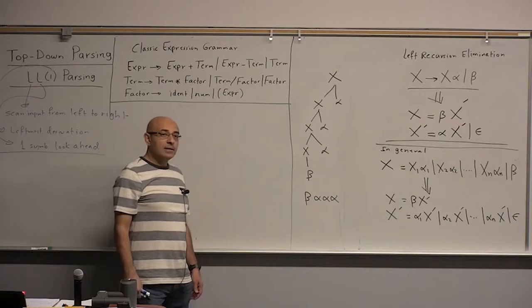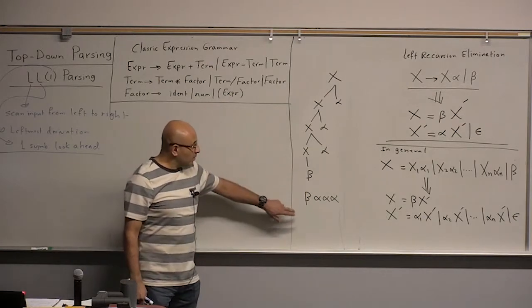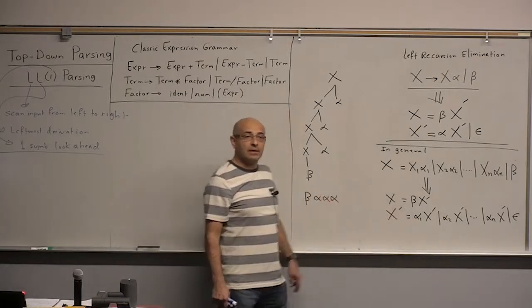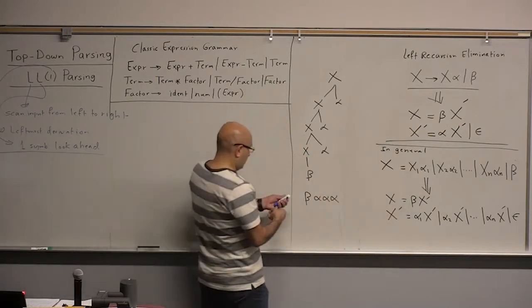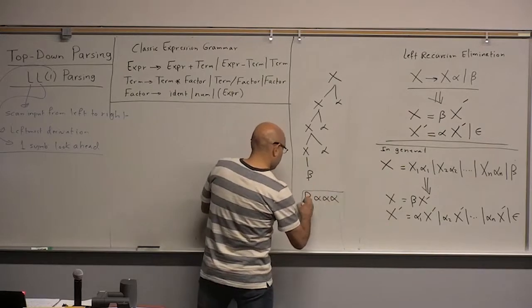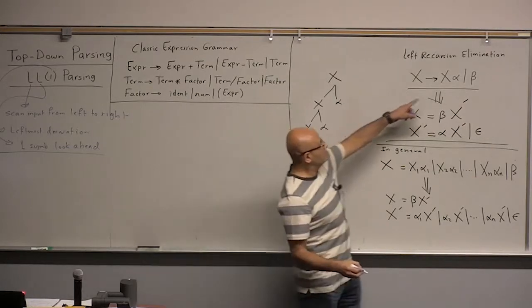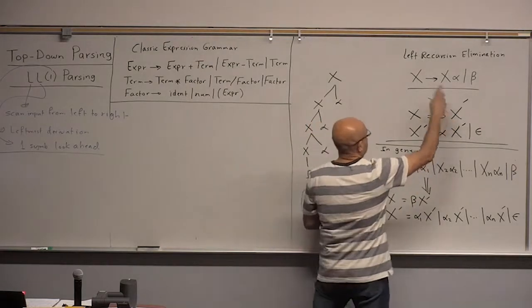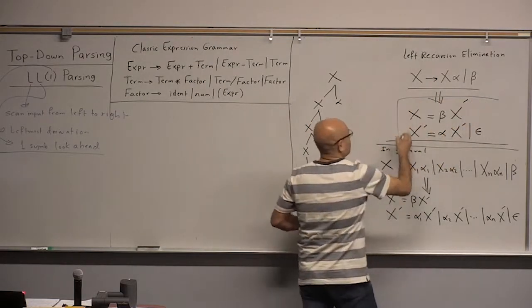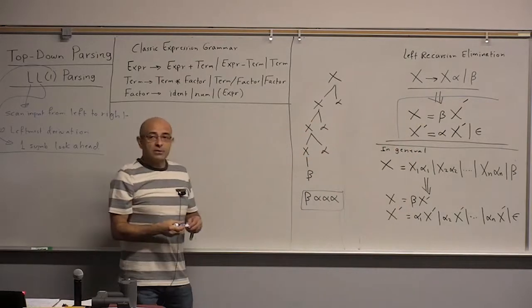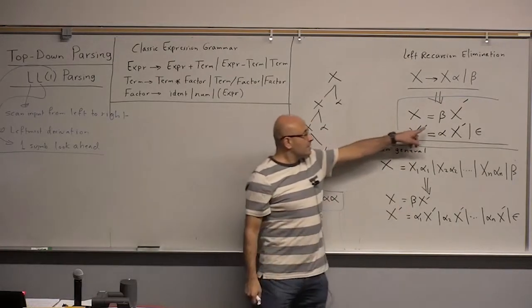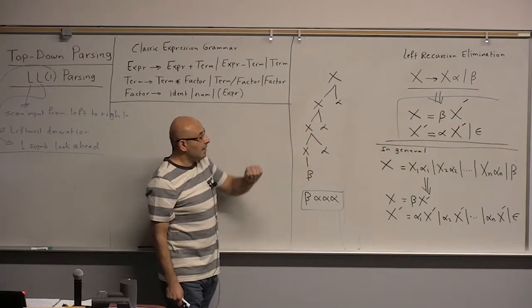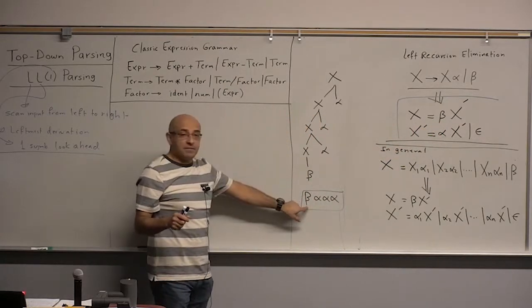Okay. So you're trying to match this string with a grammar. Why will this work better? Look at this. This is your string, and you have this rule. At least here, it's exposing the beta, the beta that must appear at the beginning of the string.